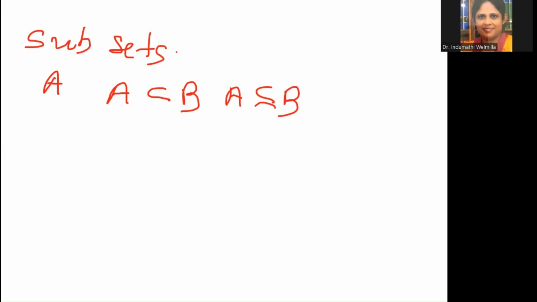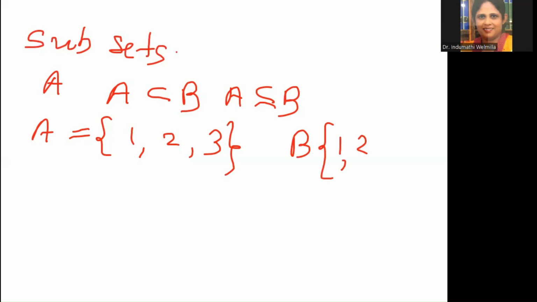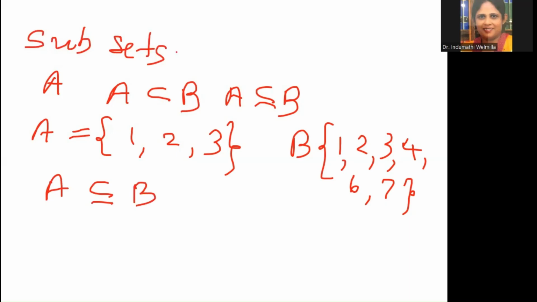Example, if A equals 1, 2, 3, and B equals 1, 2, 3, 4, 6, 7, then we can say A is a subset of B. Note that a set is also a subset of itself.